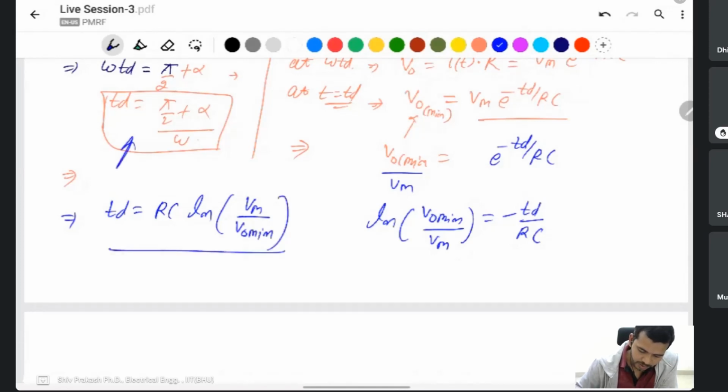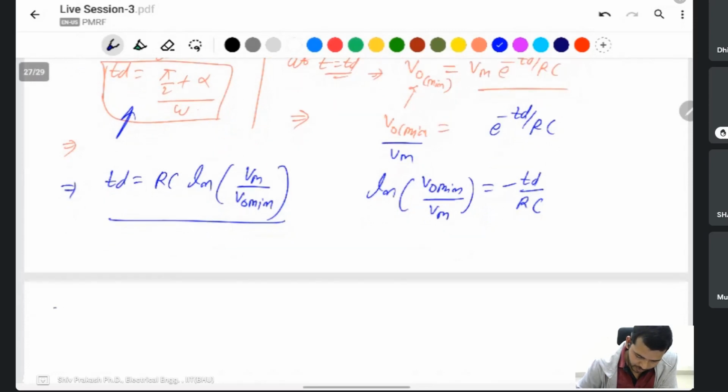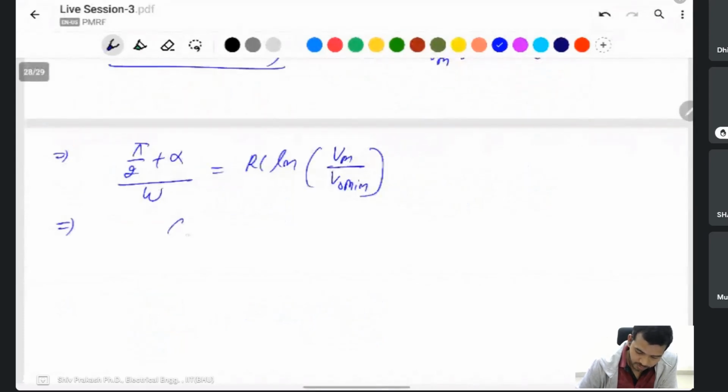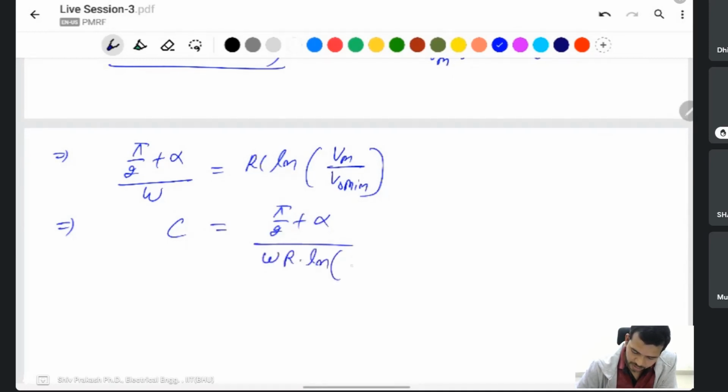Td and Td here also fine, then you can say pi by 2 plus alpha divided by omega is equal to RC ln Vm divided by V output minimum. Given the R, you find the C value, then C can be calculated from here: pi by 2 plus alpha divided by omega R into ln Vm divided by V output minimum.